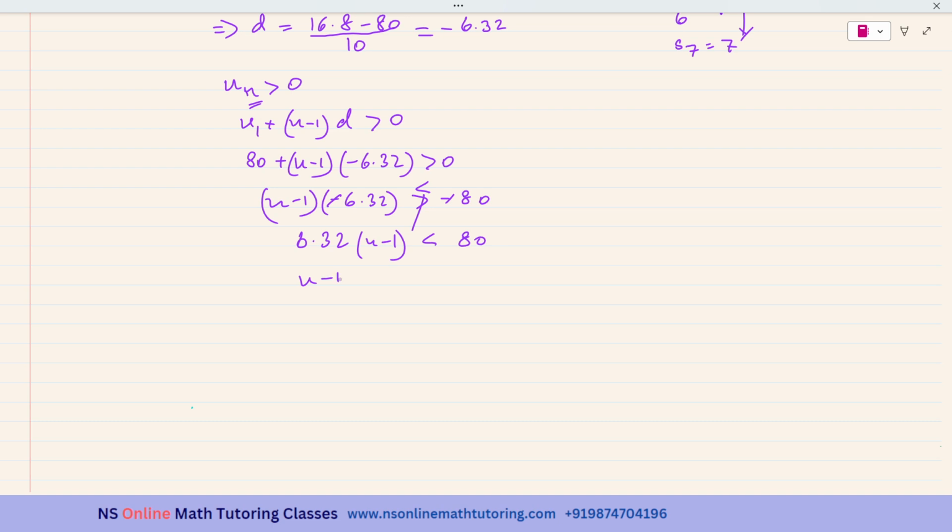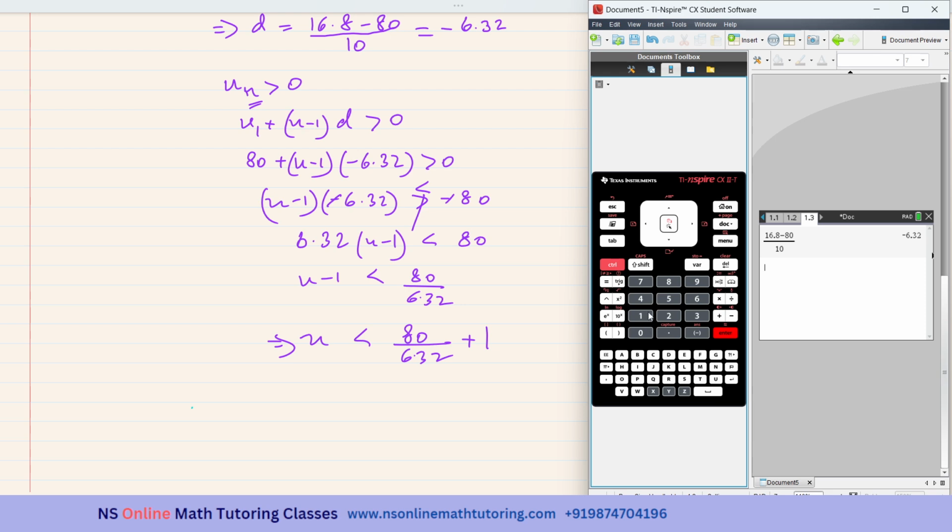Or n minus 1 is less than 80 over 6.32, or n is less than 80 over 6.32 plus 1. Let us use the calculator. 80 over 6.32 plus 1.